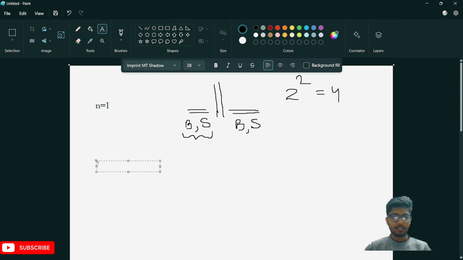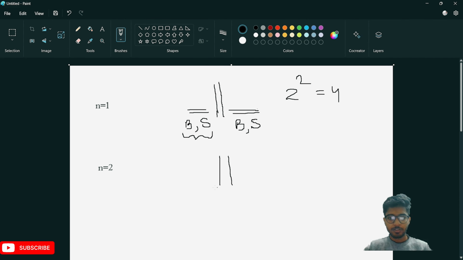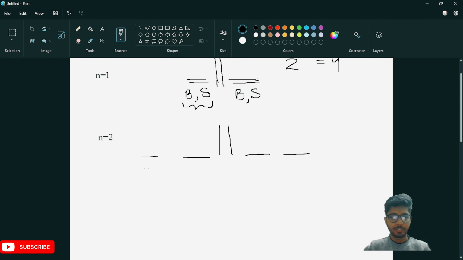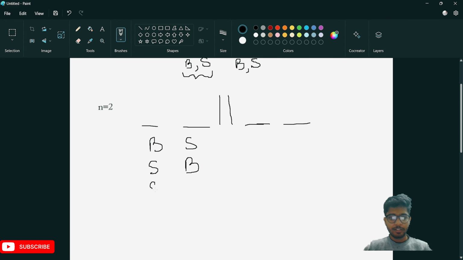Now let's say the number of plots given is 2. So this is the road and two plots are given on each side of the road. So let's see the possible combinations over here. This plot can be a building and it can be a space. It can be a space, this can be a building. We can take two spaces also. And the last condition can be this, where two buildings are adjacent to each other.